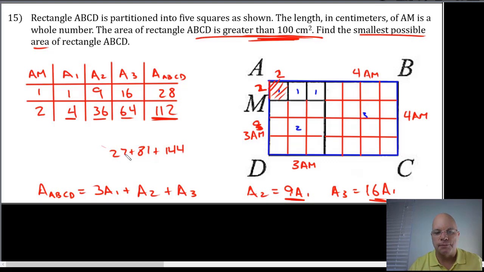That's going to be 108, 252. So yeah, it's greater than 100, but it's much larger than this one. So we wanted the first one that's greater than 100. So the smallest possible area of rectangle ABCD is 112 centimeters squared.